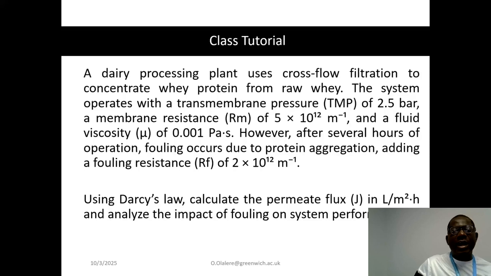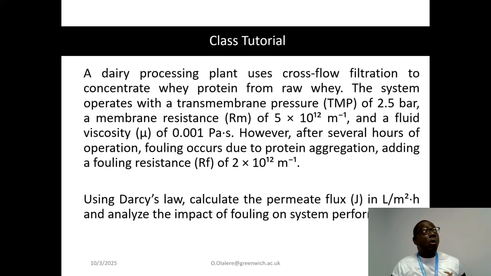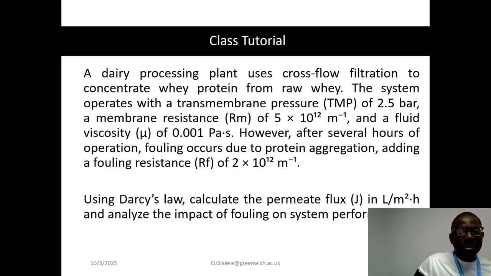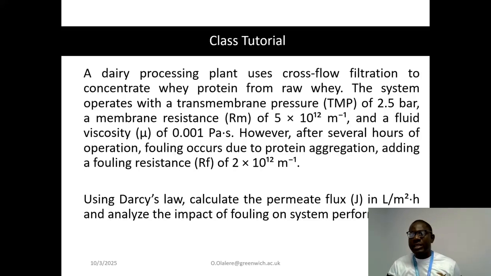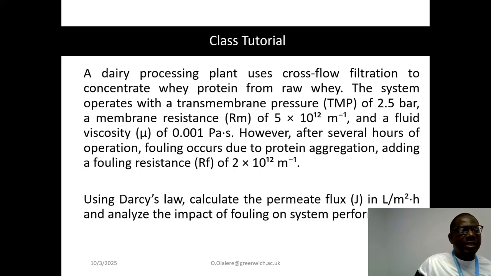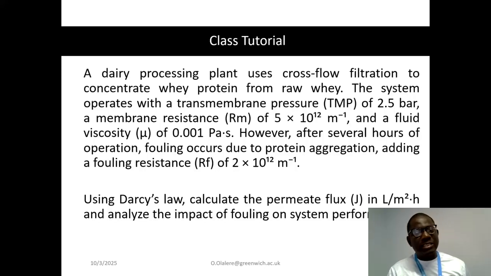However, after several hours of operation, fouling occurs due to protein aggregation, adding a fouling resistance RF of this. So using Darcy's law, calculate the permeate flux in liters per meter squared hour and analyze the impact of fouling on the system performance.